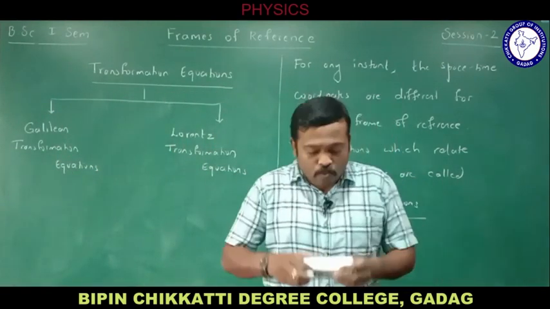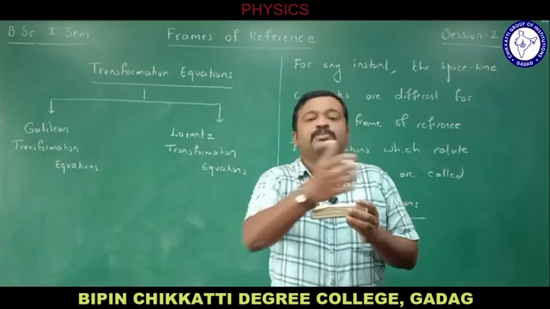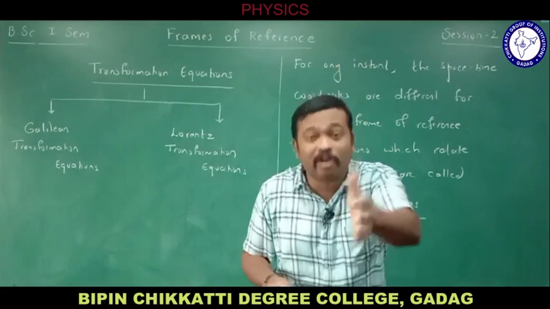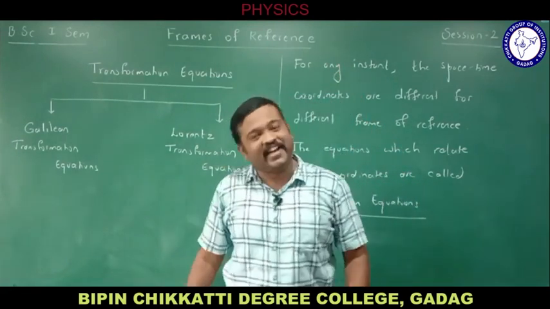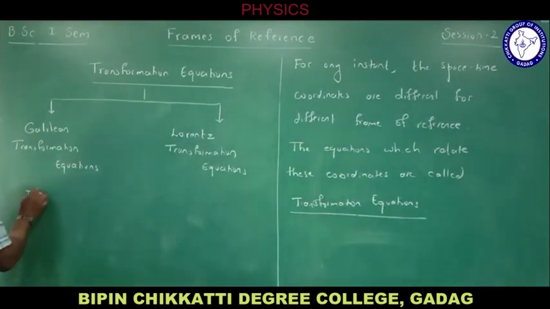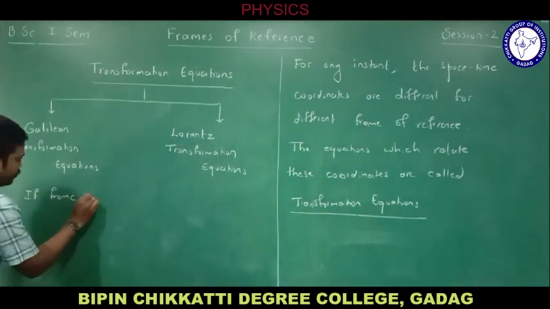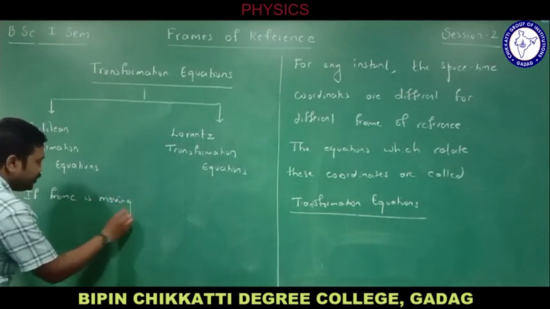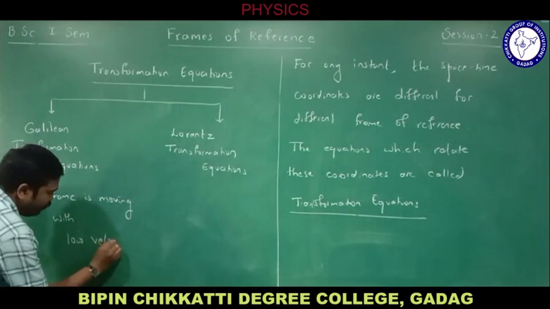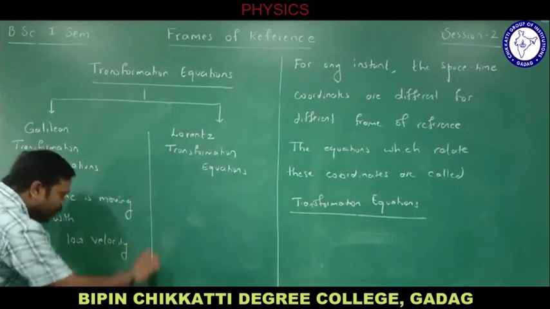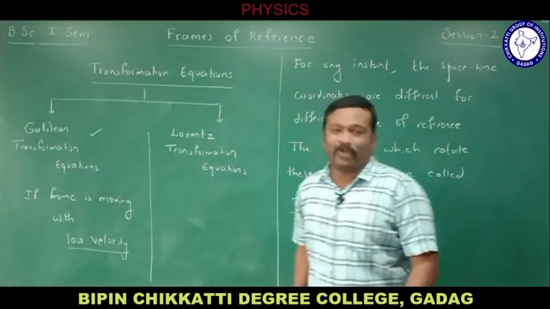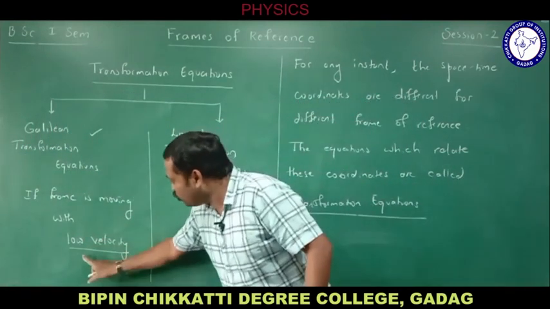If one of the frames is at rest and another frame is moving with low velocity, that time we use Galilean transformation equations.